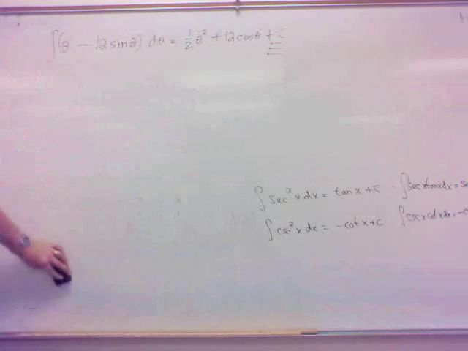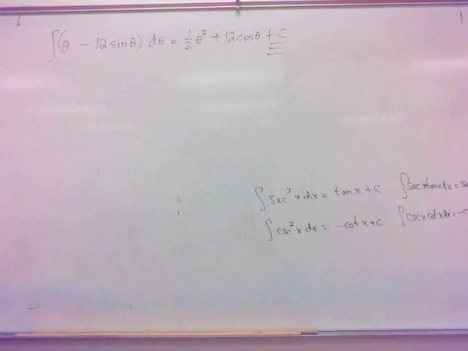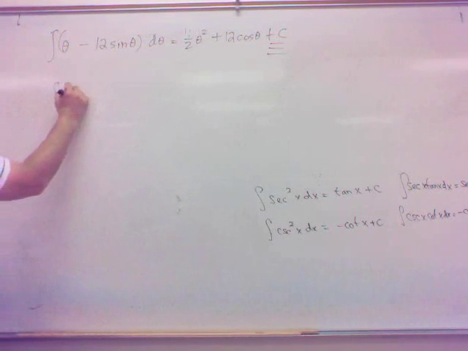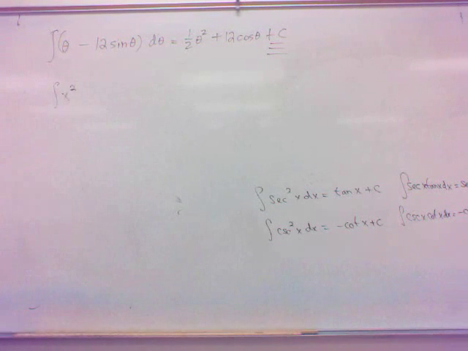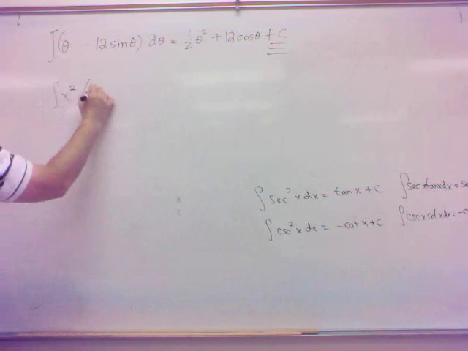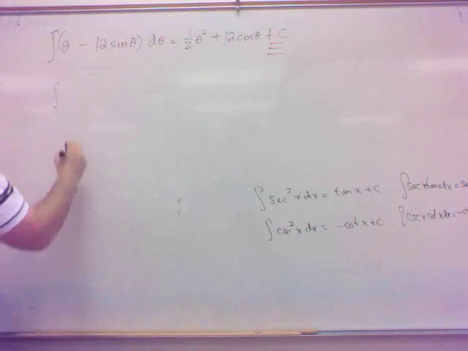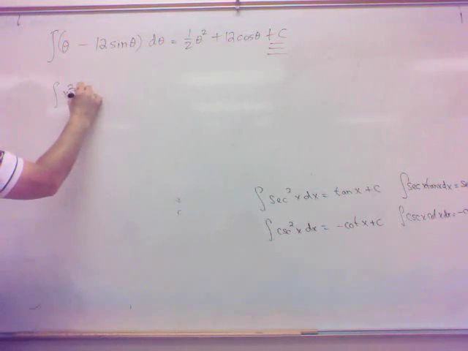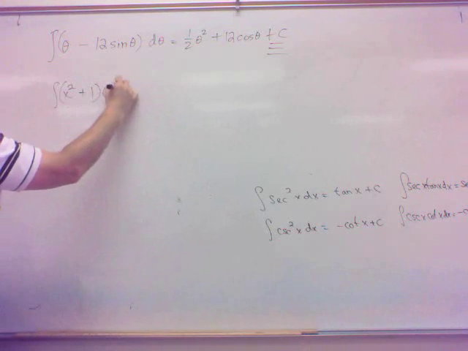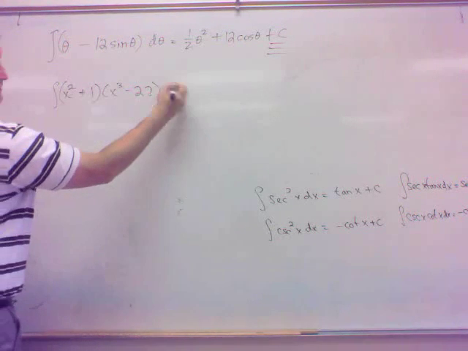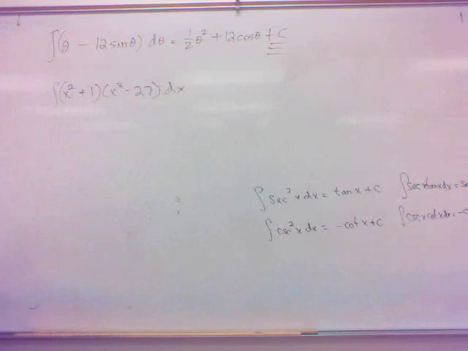Okay? We talked about this one a little bit. What would I do here? Integral of x squared times x cubed. I'll tell you what, let me change that. Let's say it's x squared plus 1 times x cubed minus 27 dx. What would I do there?